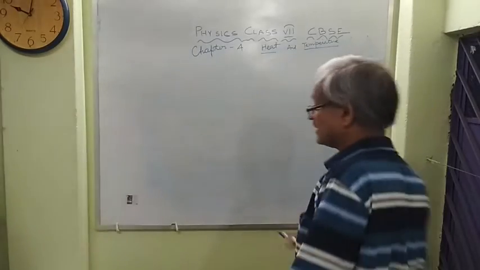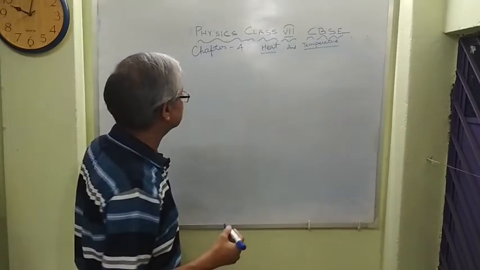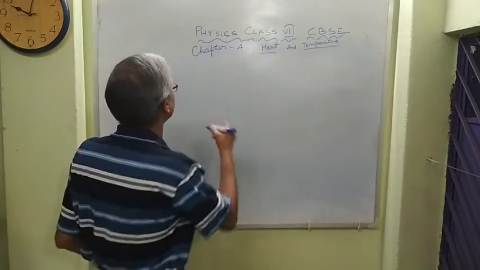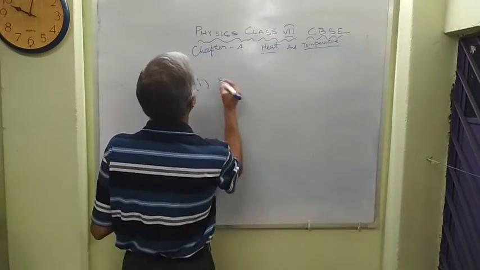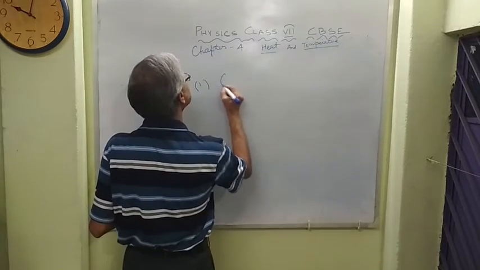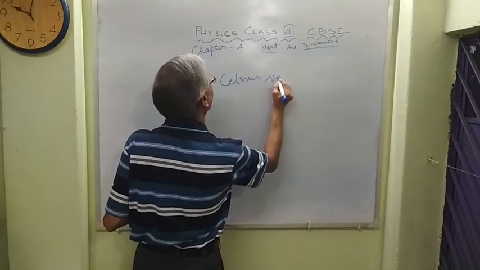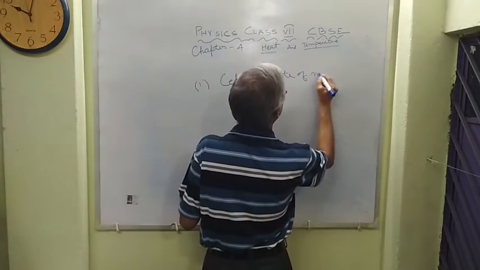Now we discuss temperature measurement scales. Here we have three types of scale. Number one, Celsius scale of measurement of temperature.